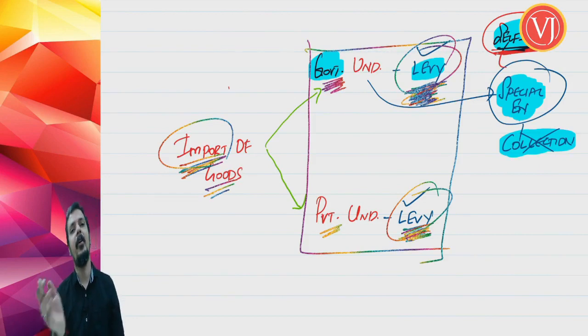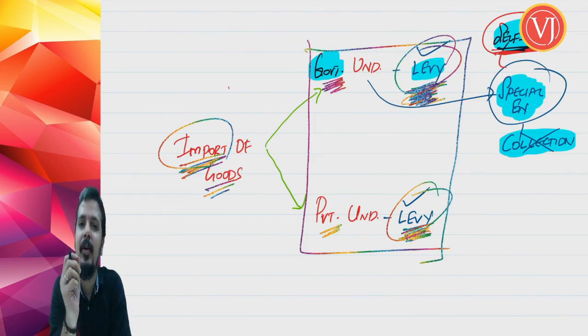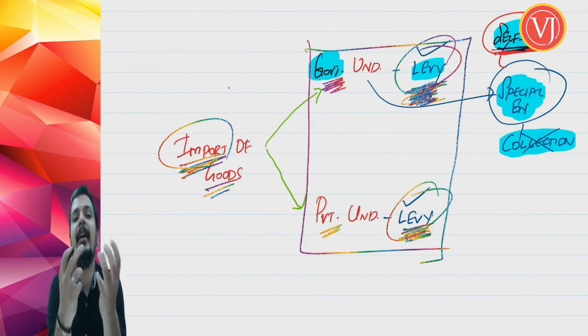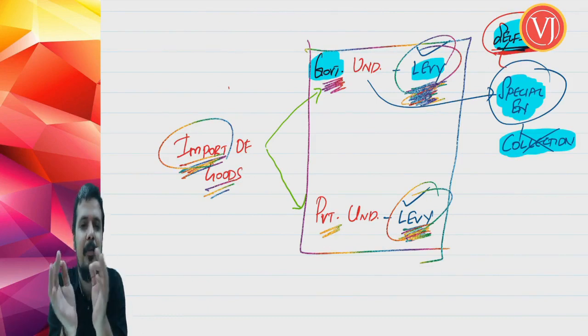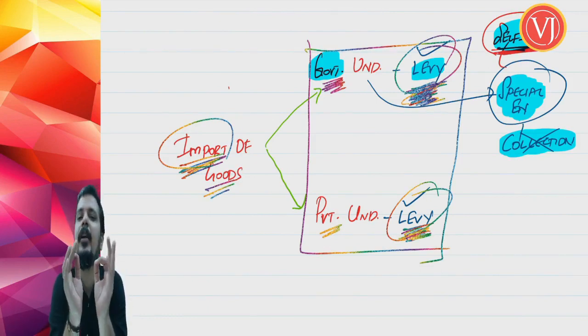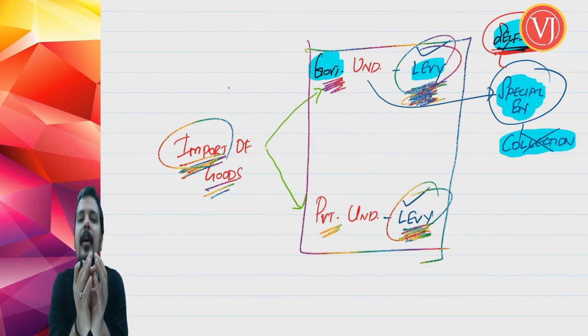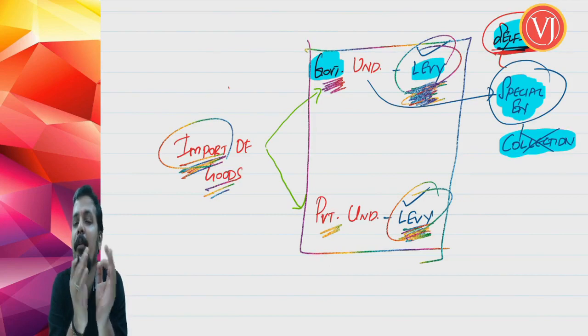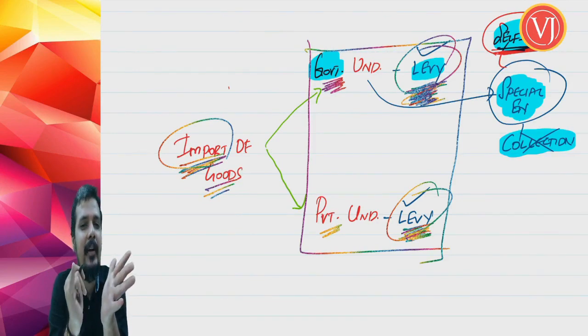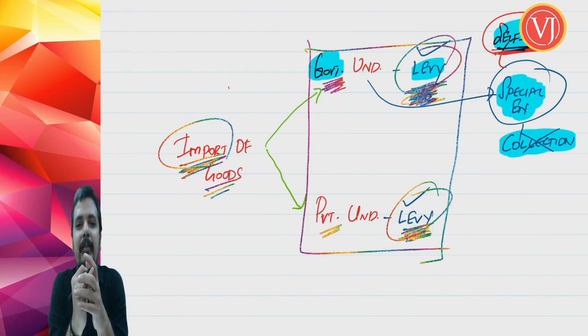Now what is the difference that you can find in levy of GST and customs? Friends, again I'll be taking your GST n number of times. We will be comparing your GST every now and then. Every chapter will be comparing your GST so that you get more clarity. Now friends, you have to understand that when you talk about your GST levy, there were 6 P's: product, process, place, price, percentage and your person.